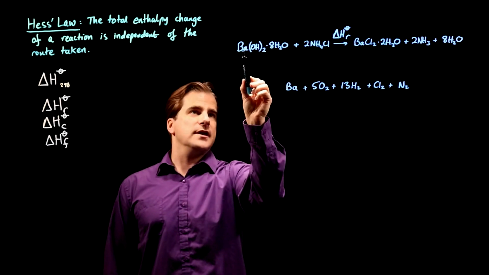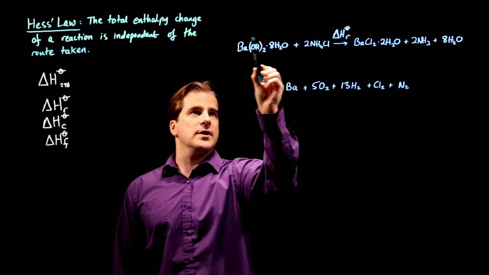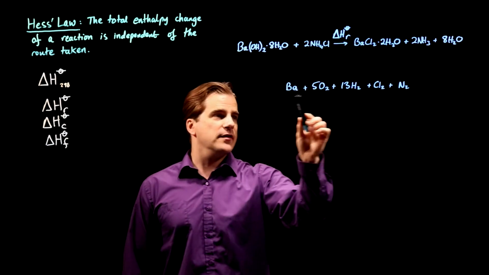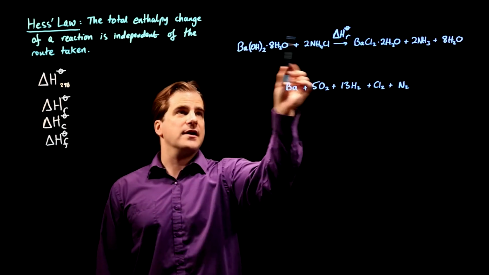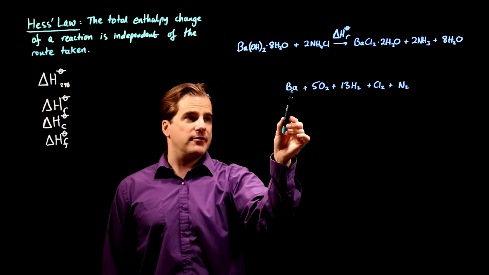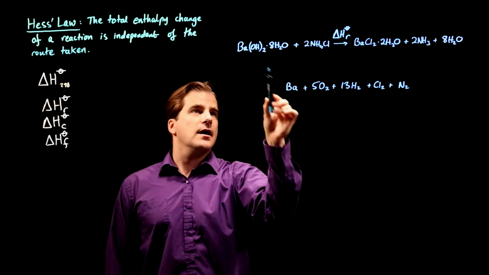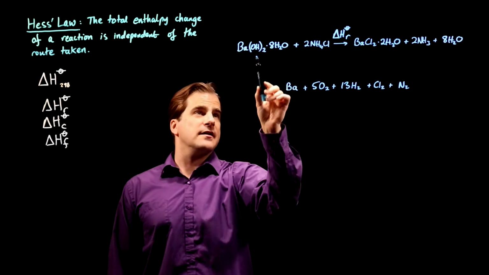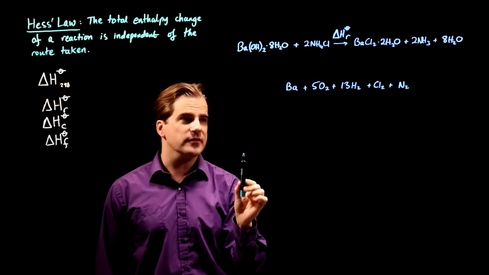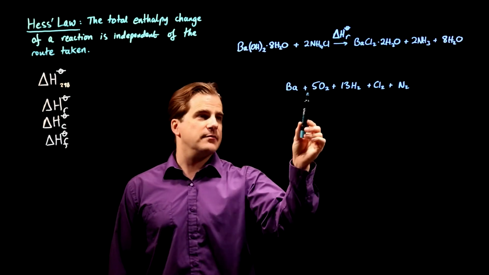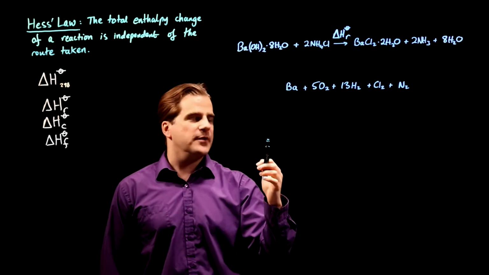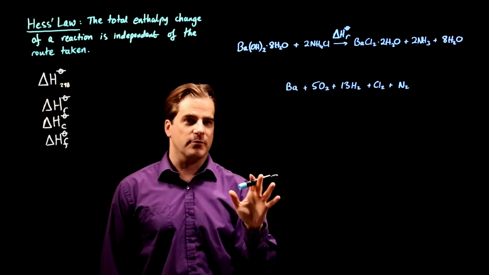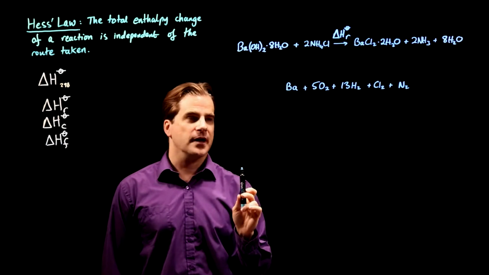If you look at all the individual elements which the reactants are composed of, I've written them down here. If you break this down, there's 1 barium, and if you count the oxygens, there are 2 and 8 there. There's a total of 10 oxygen atoms, which in the elemental form is 5 O2 molecules.